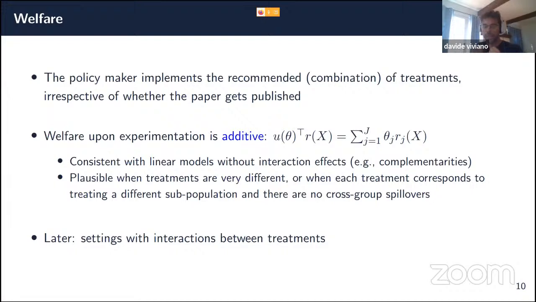That is, the editor cannot enforce the type of policy recommendation by himself. The idea is the following. If the policymaker were to implement the paper just if the paper got published, then the editor could decide which paper gets published in the first place, and so the editor could also control the policymaking process. That's not the case because the policymaker will implement the policy as long as the paper gets written and not necessarily published.